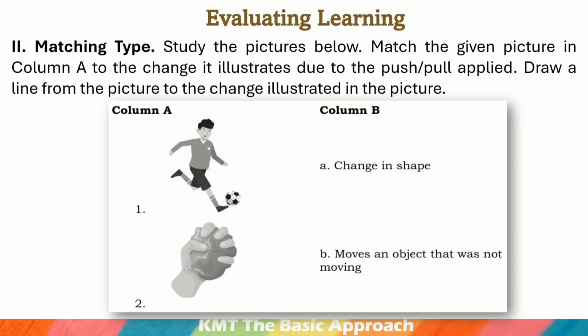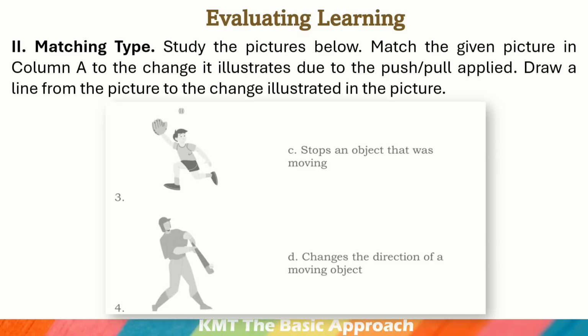Number 1. What is the correct answer? Very good. Letter B. Moves an object that was not moving. And number 2, letter A. Change in shape. Number 3.